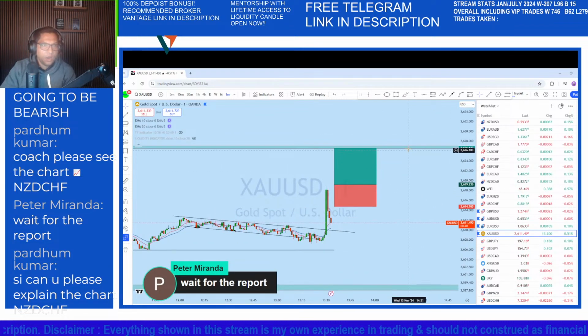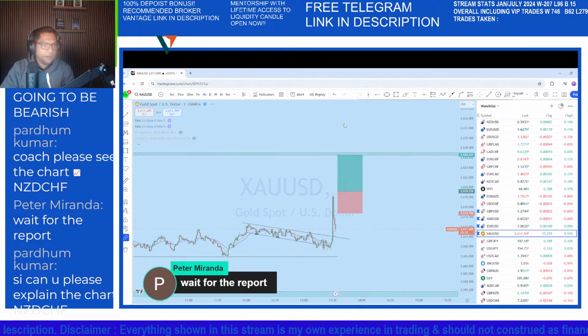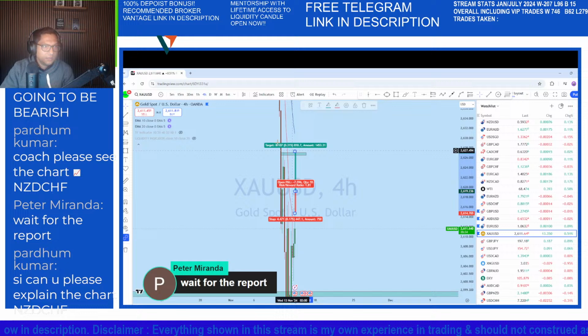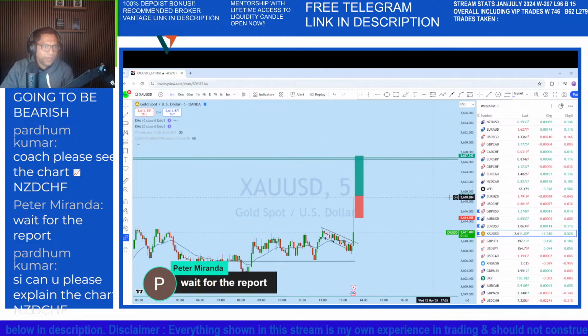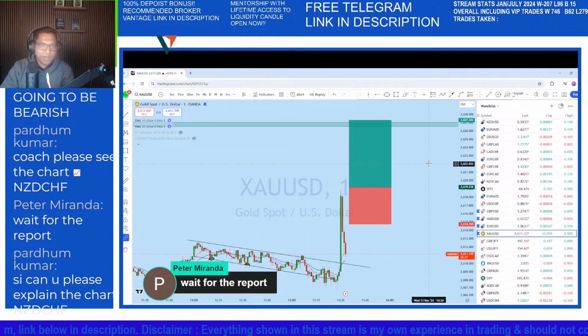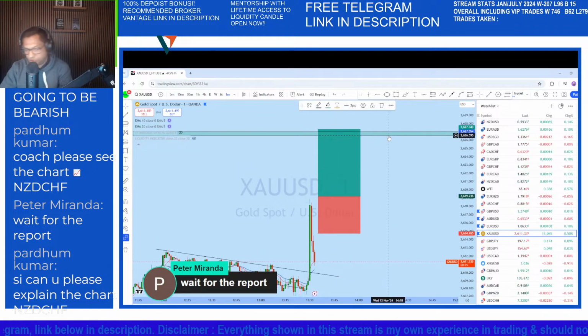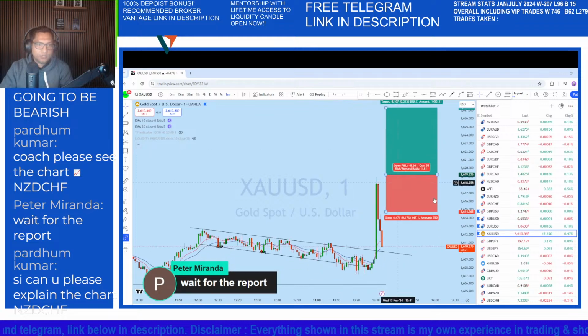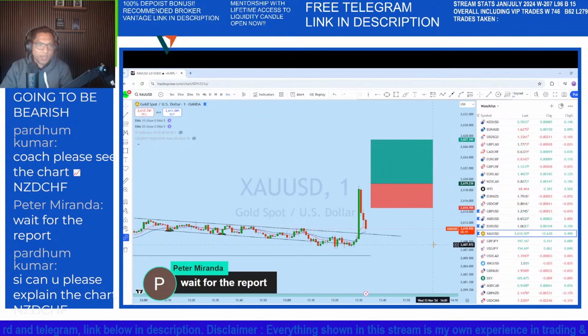Okay, I'll be placing here, if you look at the 4 hour resistance here, I'm going to place a buy stop. This is going to be a pending order, not a buy market, so a pending order buy stop at price 2619.